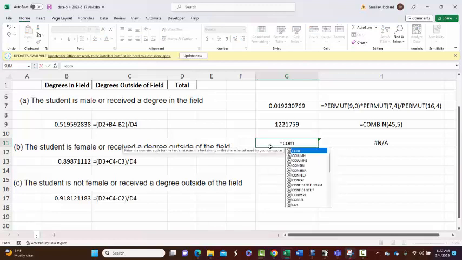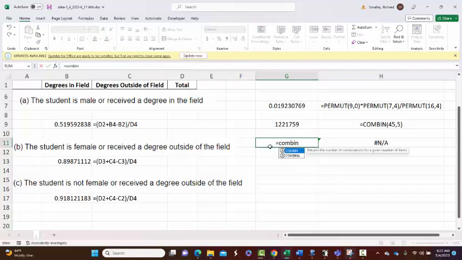Combin 47, choose 4. Meaning 4 workers are coming out of the first 2 shifts combined. That's where the 47 is coming from. Times Combin, I think it was 12.